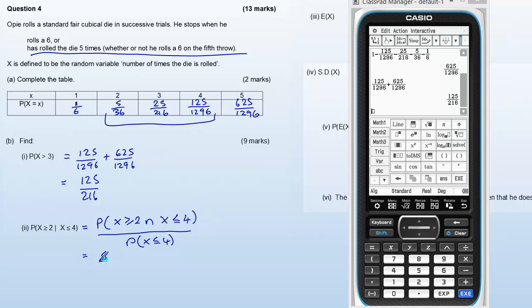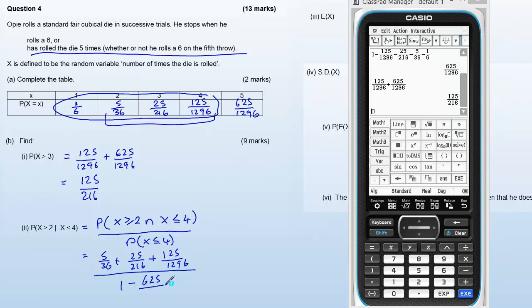So that's going to be 5/36 plus 25/216 plus 125/1296, divided by less than or equal to 4, which is all of these 4 added up, or if you like, 1 take away 625/1296.